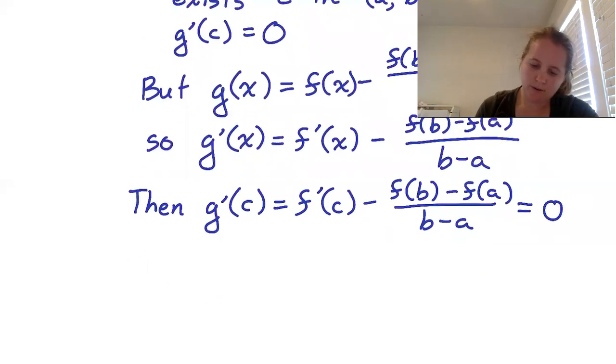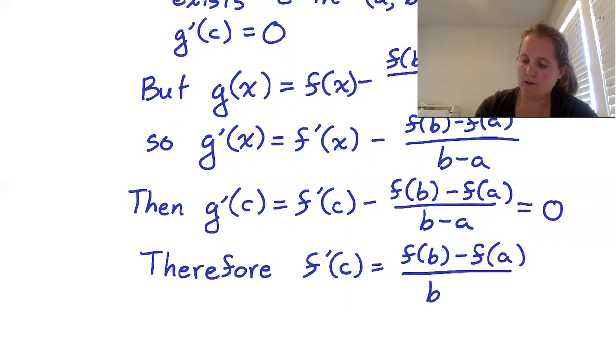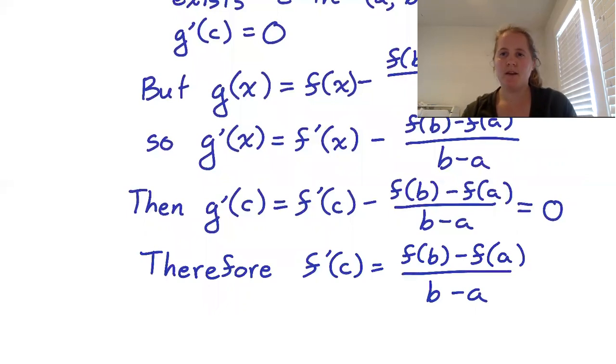And therefore, f prime of c is equal to f of b minus f of a all over b minus a. So that is our proof of the mean value theorem, taking advantage of that special case, Rolle's theorem, which we already proved.